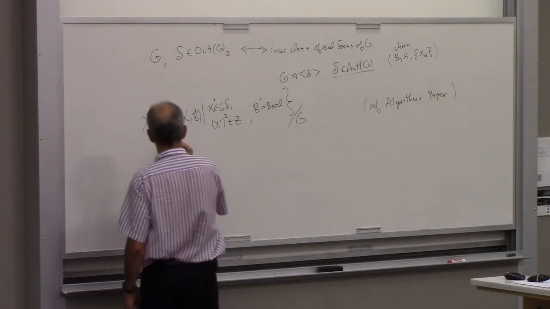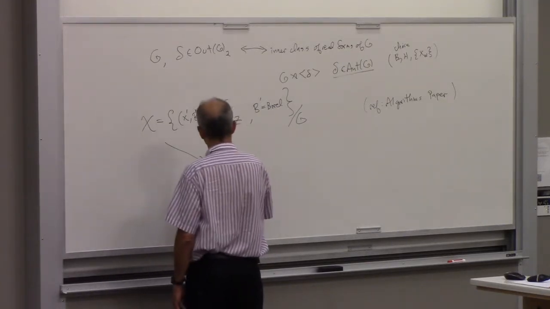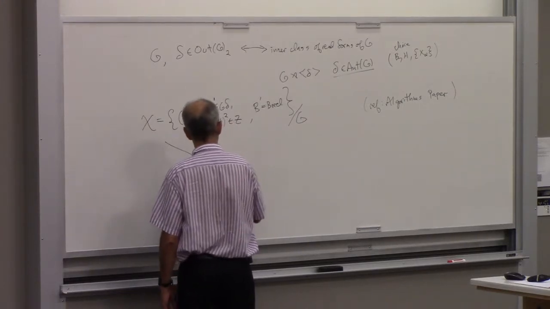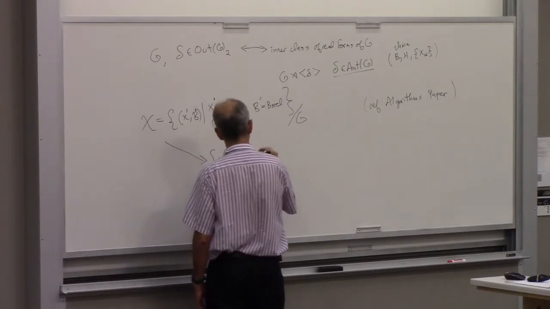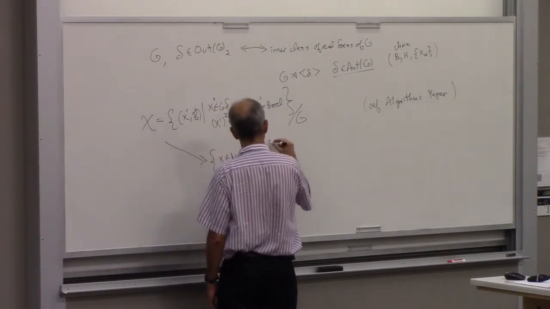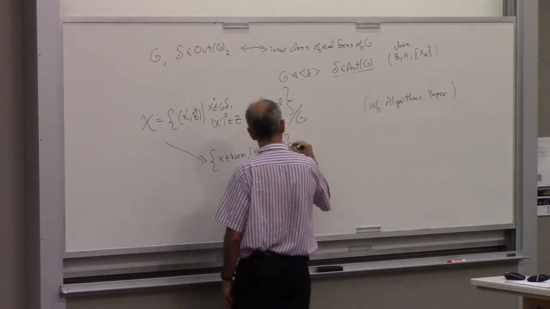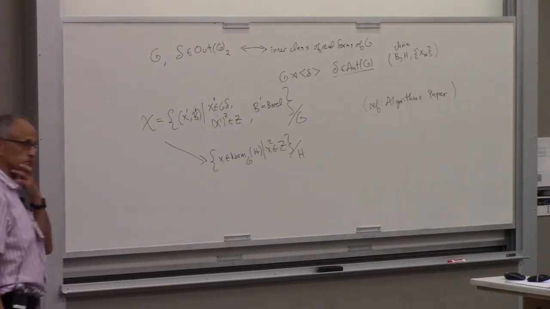And there's a map from here to the set of x's contained in the normalizer in G of h, such that x squared is central, modulo conjugation by h. Okay?